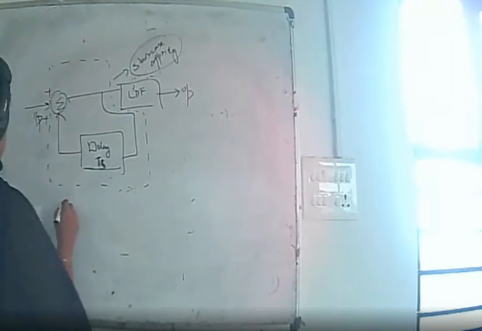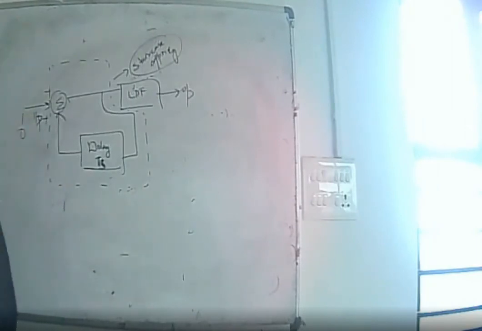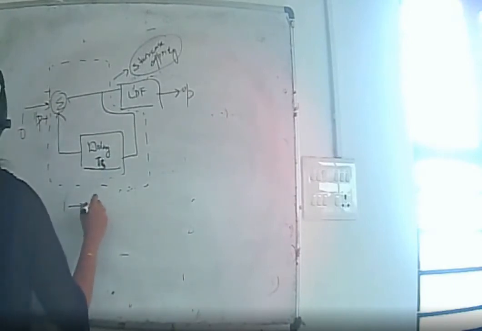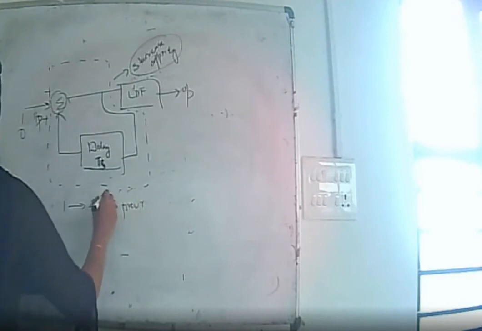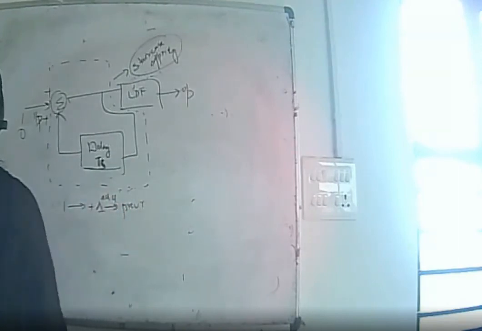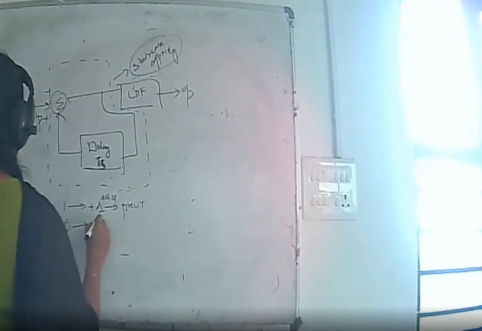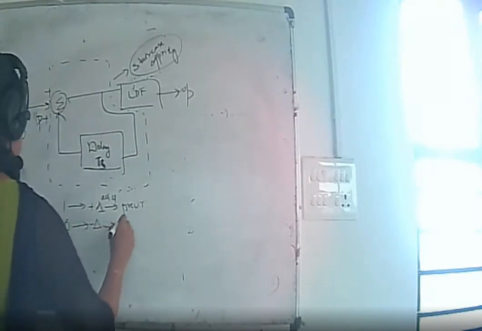If the input is binary 1, we are transmitting two signals, 1 and 0. If the input is binary 1, it adds plus delta step to the previous output, and if the input is binary 0, it subtracts delta from the previous output.